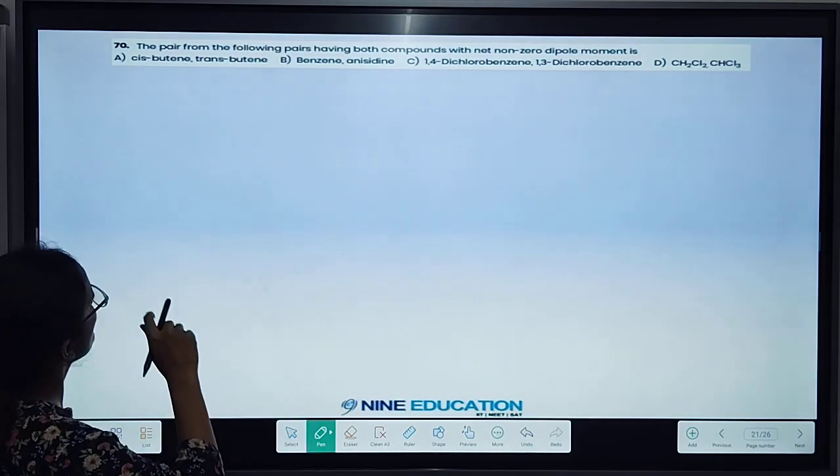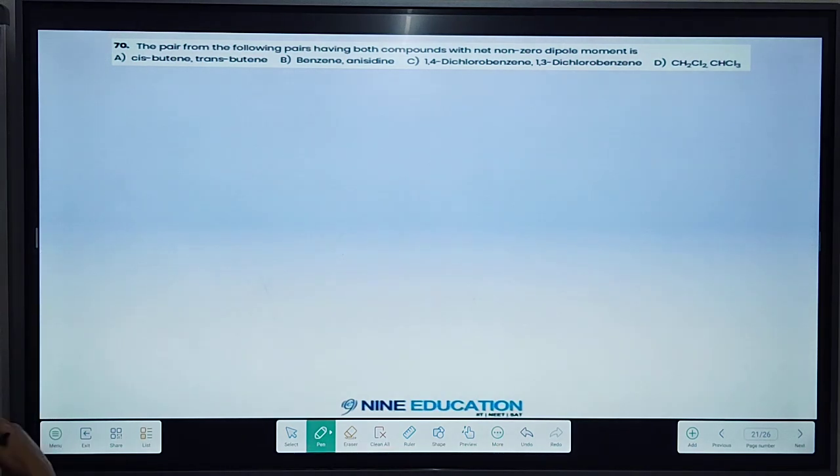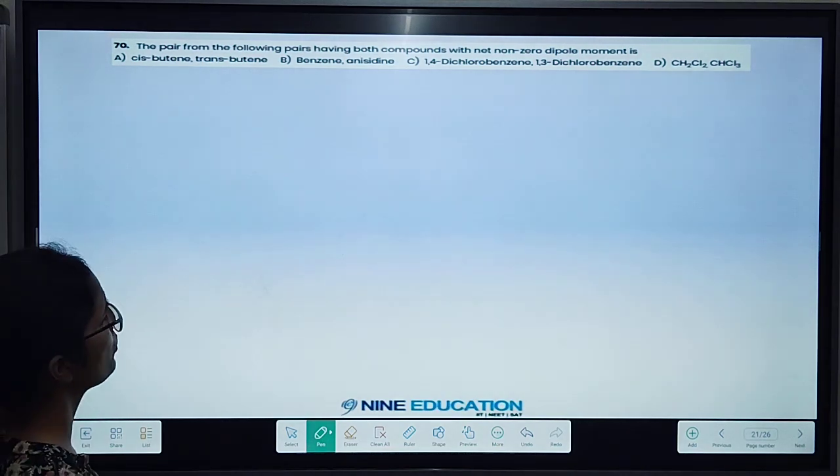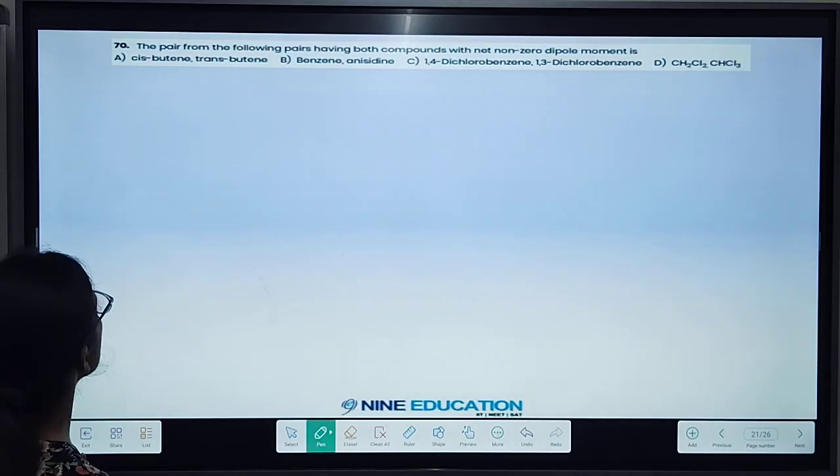Next, we have question number 70. There are total four pairs, and we have to determine which case will have non-zero dipole moment.